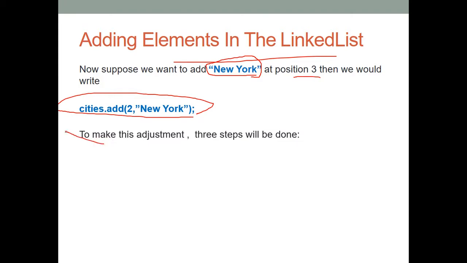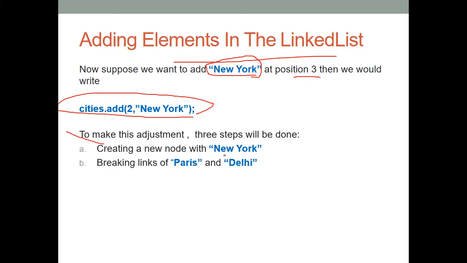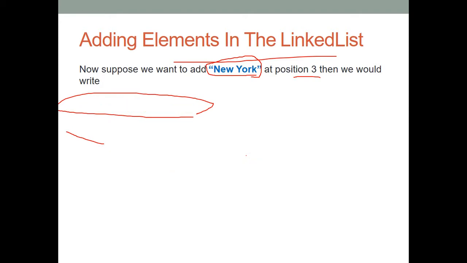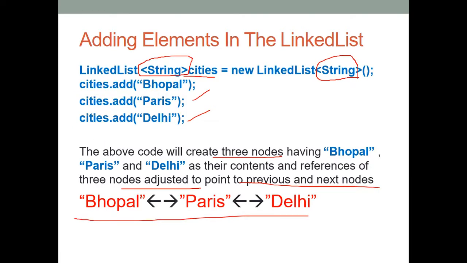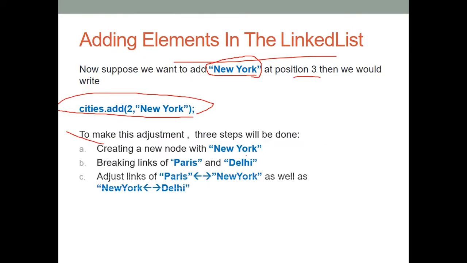To make this adjustment, three steps will be done. First is creating the new node with the new value. Second, breaking the links of Paris and Delhi. For example, you already have Bhopal, Paris, and Delhi, so you have to break some links. Then you can adjust Delhi and Paris in between, adjusting the links of Paris and New York.